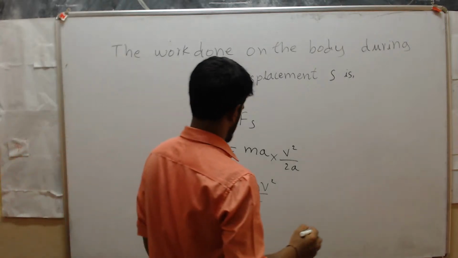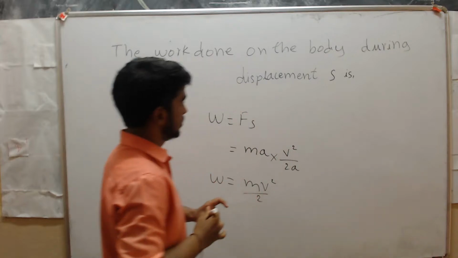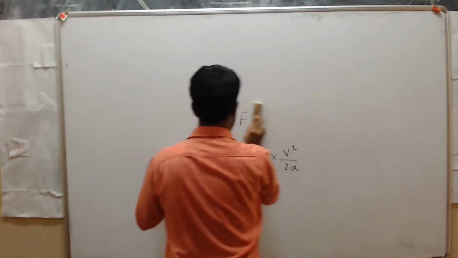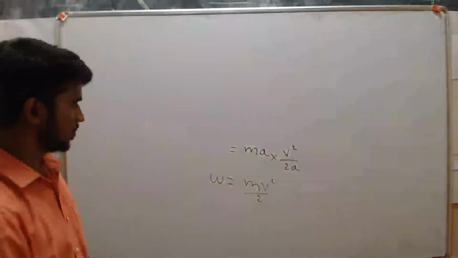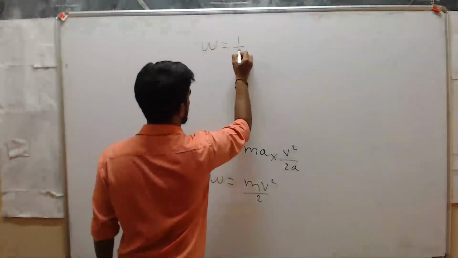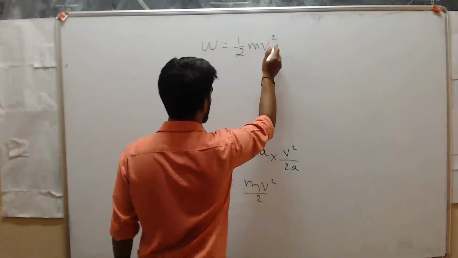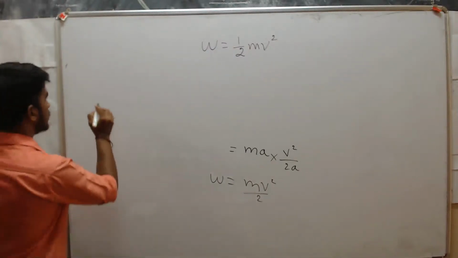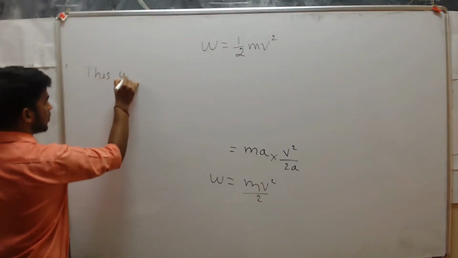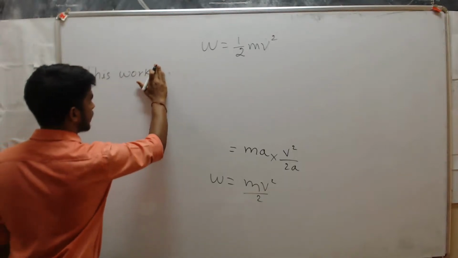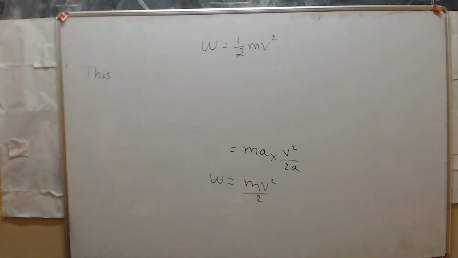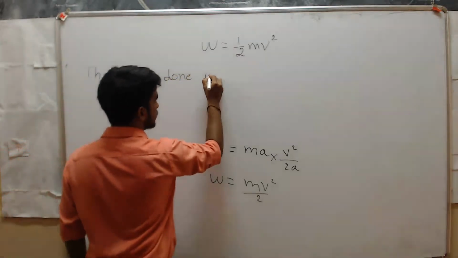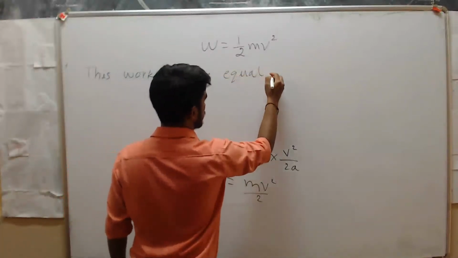I will write here: W is equal to half m v square.